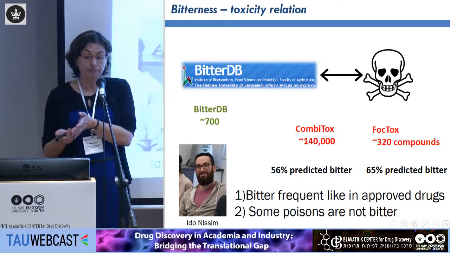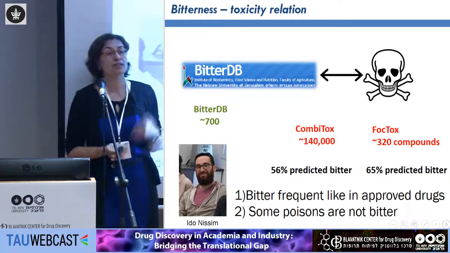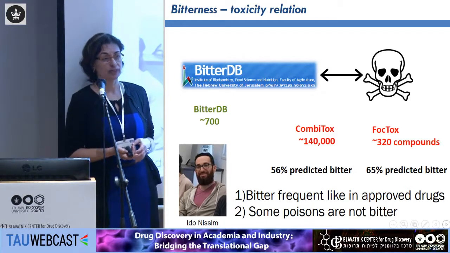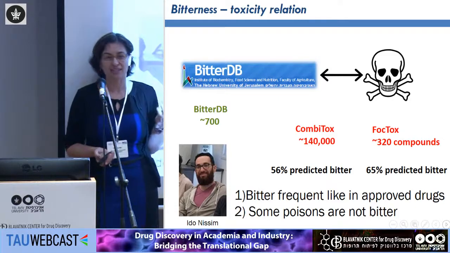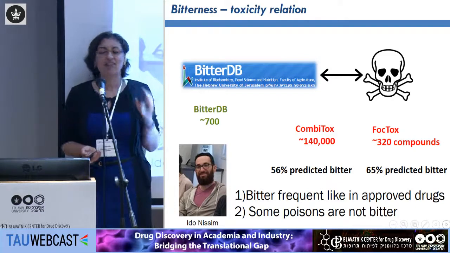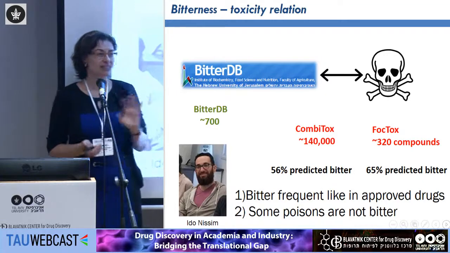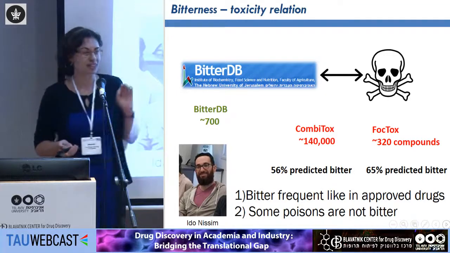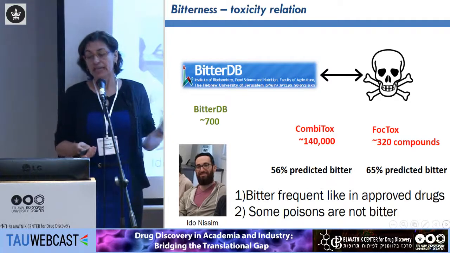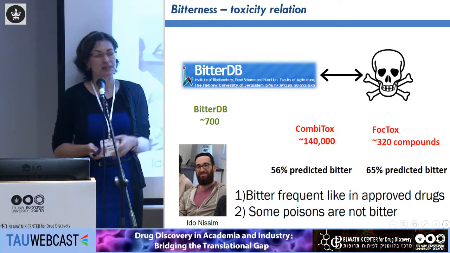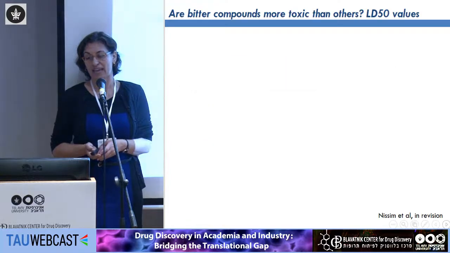And still, there are many poisons that are not known or predicted to have bitter taste. So if we are going to rely on bitter taste to save ourselves from poisons, it shouldn't be the only thing you're doing, right? Because it can be tasteless, like arsenic, for example, and still be toxic. And there are like 40% of toxins like that.